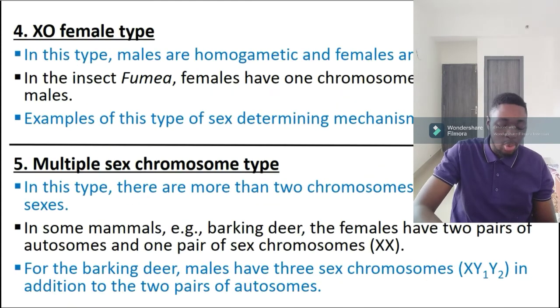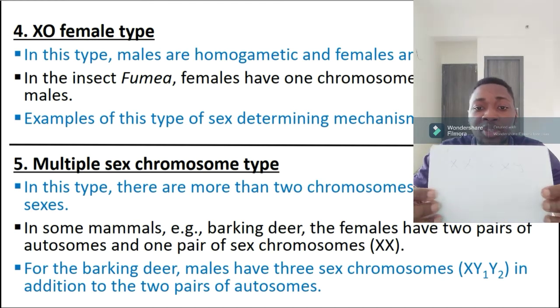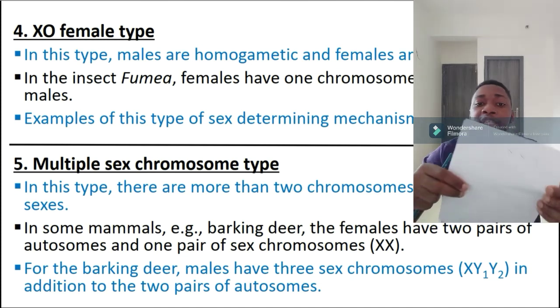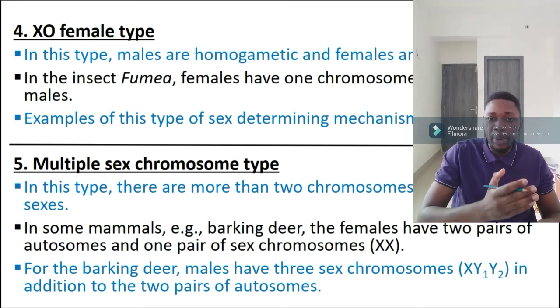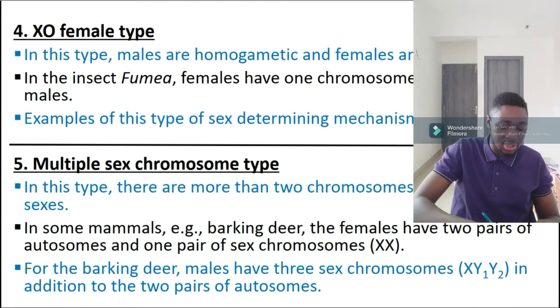So we cross them with XY males. It will be a cross between the XX chromosomes and the XY chromosomes. And we can cross this using a test cross so that we can see our offspring, how many males will be produced and how many females will be produced.